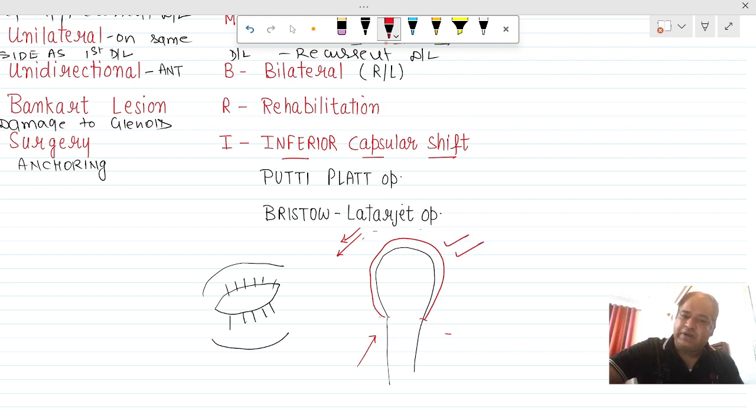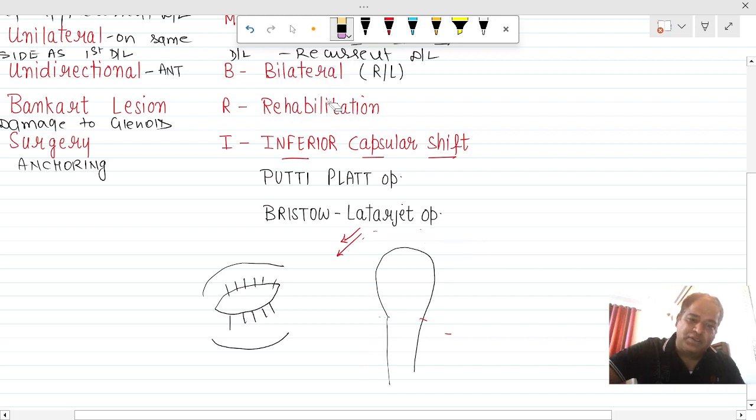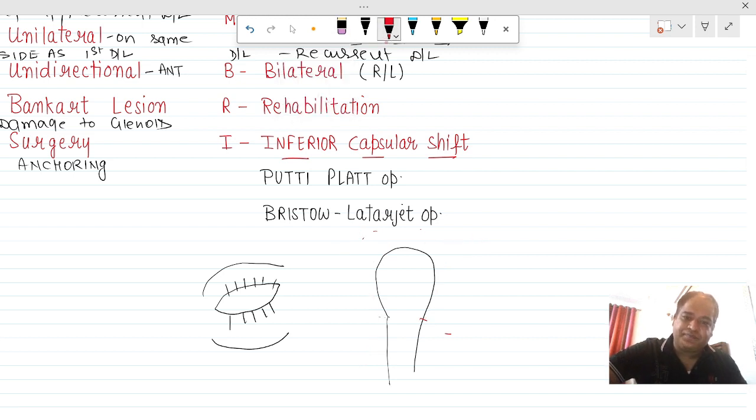Compare this result after surgery with the initial ones. See, initially the capsule was like this, very loose. Now it would be like this. Inferior capsular shift.